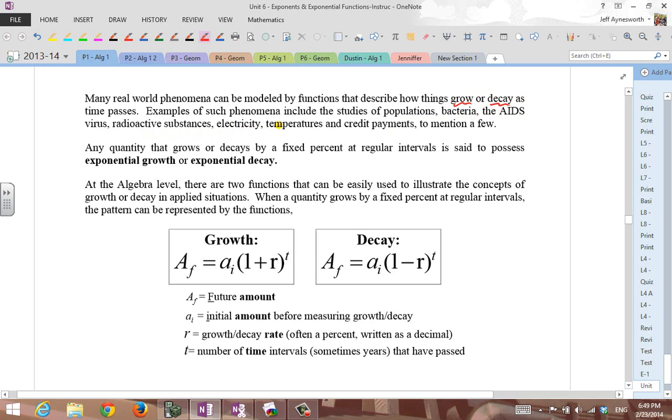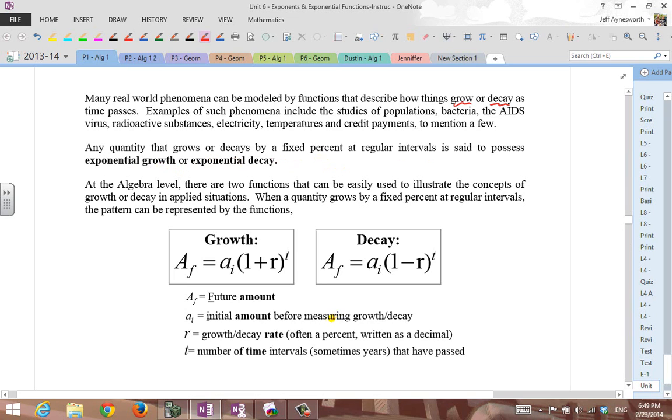Examples of such phenomena, things that happen in nature, include the studies of populations, bacteria, AIDS virus, radioactive substances, electricity, temperatures, credit card payments, just to mention a few of them. Any quantity that grows or decays by a fixed percent at regular intervals is said to possess exponential growth or exponential decay.